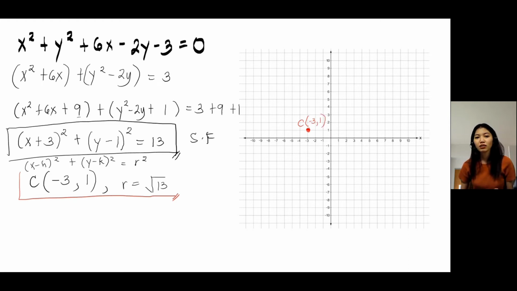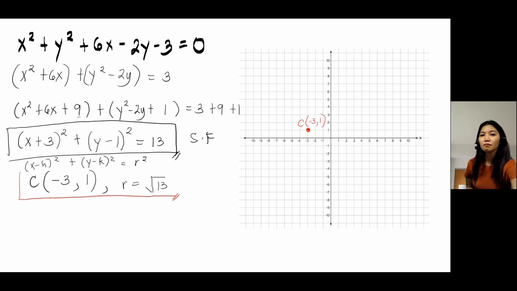Okay, how about the radius? Again, in graphing a circle, first is plot the center, count the number of units for radius. What we have here is the square root of 13. So what is square root of 13?